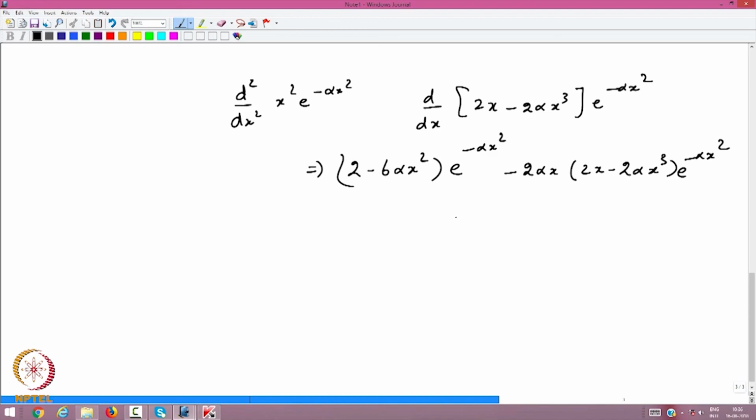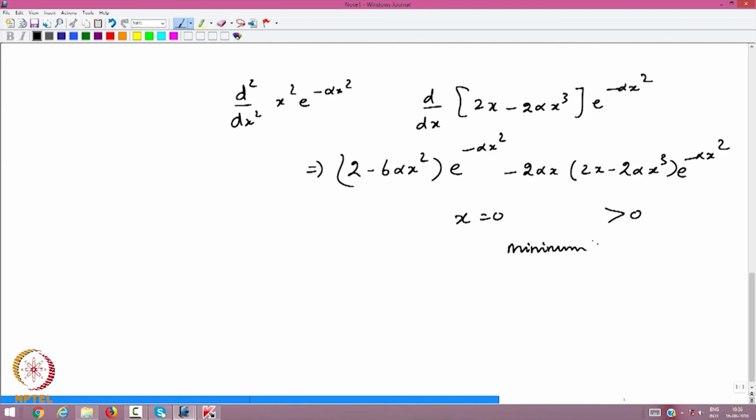Therefore, if you put x is equal to 0, you can see immediately that this goes to 0, this is 2, this whole term is 0, therefore, the second derivative is greater than 0, therefore, this is a minimum, which is what you saw in the graph.